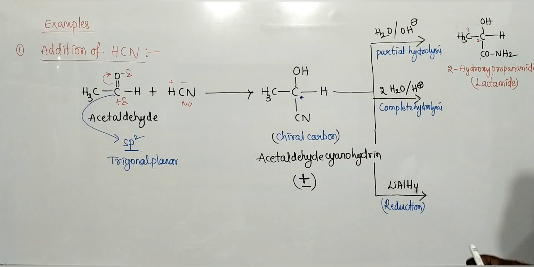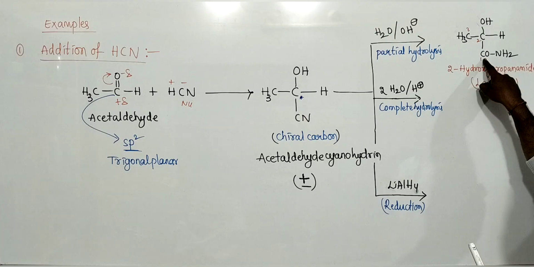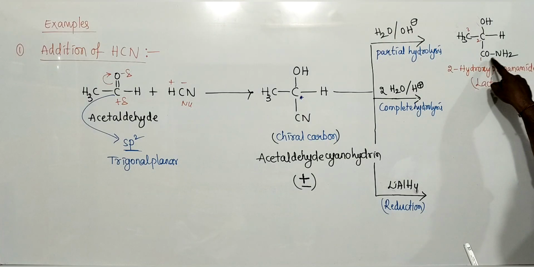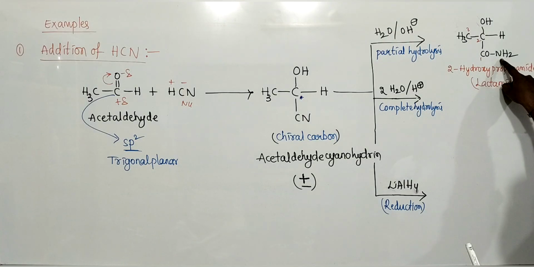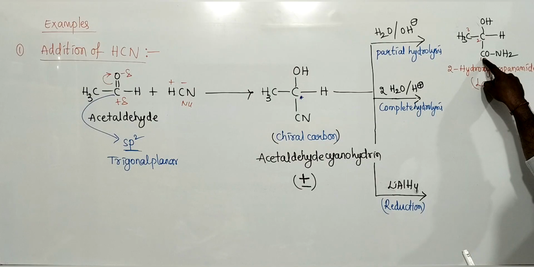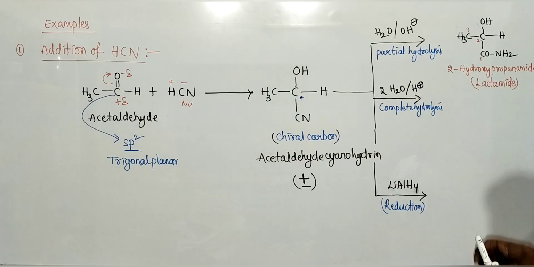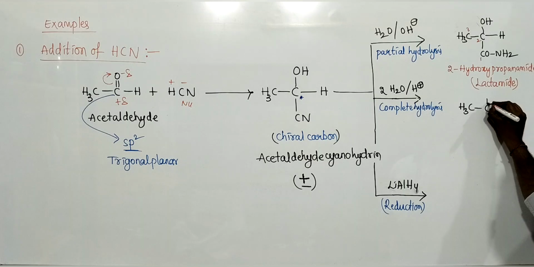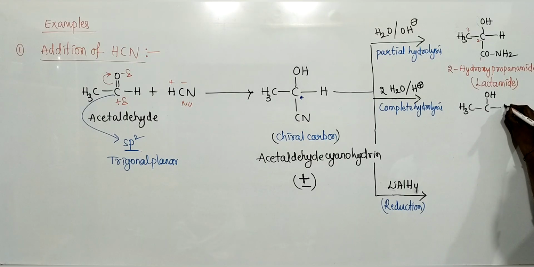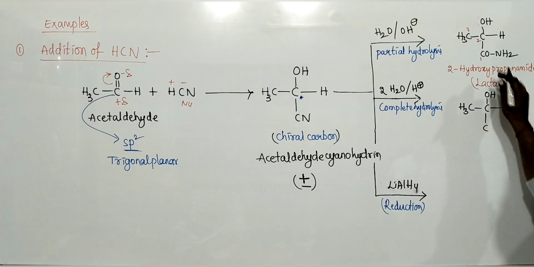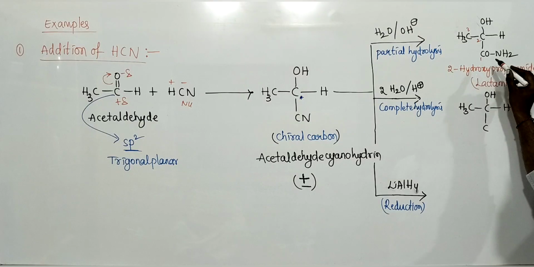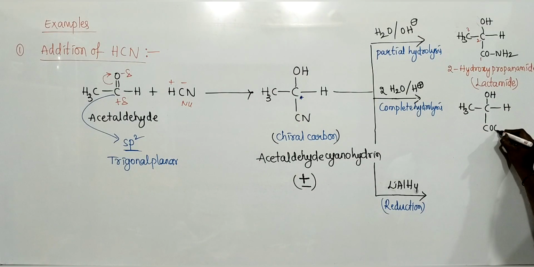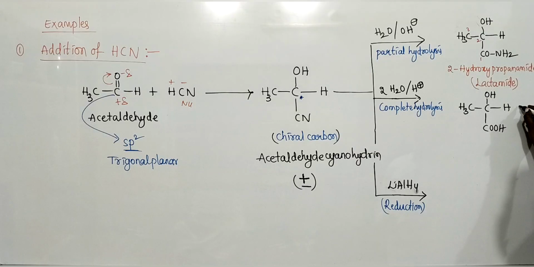On complete hydrolysis, again add OH here, H here. So NH3 is eliminated and this becomes OH. Then CH3 is the same, and here OH is also the same, and here hydrogen is the same. The CONH2, upon addition of a water molecule, OH here, H here, becomes COOH, and ammonia is also formed here.